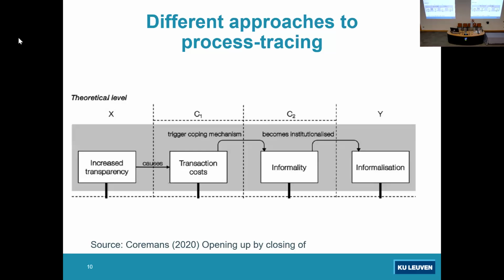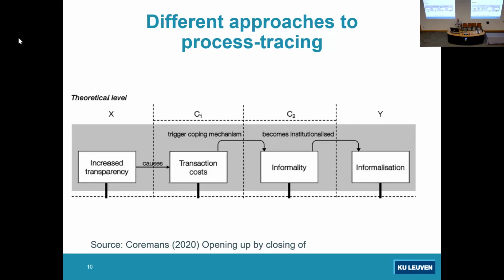An example: entities can be a lot of things. It can be politicians, it can be organizations, but it can also be concepts in a way. This is a causal mechanism to investigate how increased transparency in a decision-making process, that's the cause, leads to informalization as an outcome. So you see that increased transparency causes transaction costs.